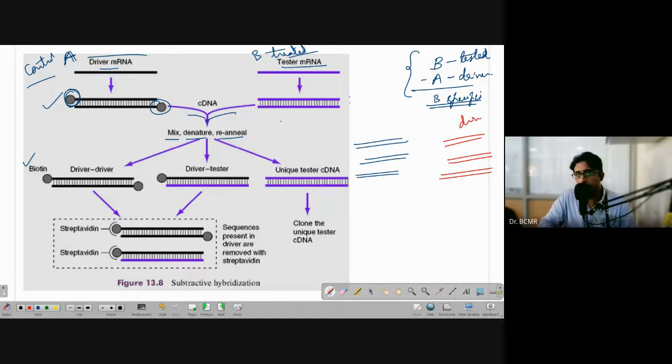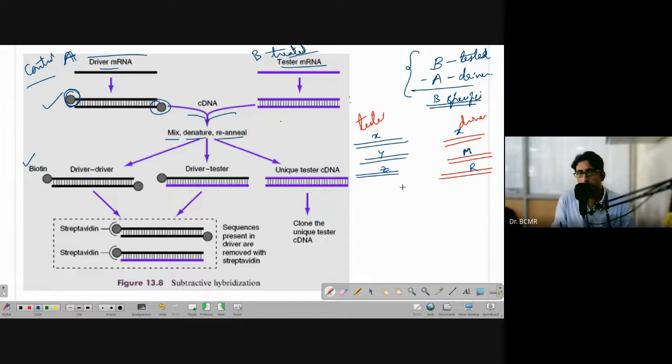This is driver and this is tester. I will also give some gene names so that it will be easier: X, Y, Z, X, M, R. Okay, X, M, R I have given.